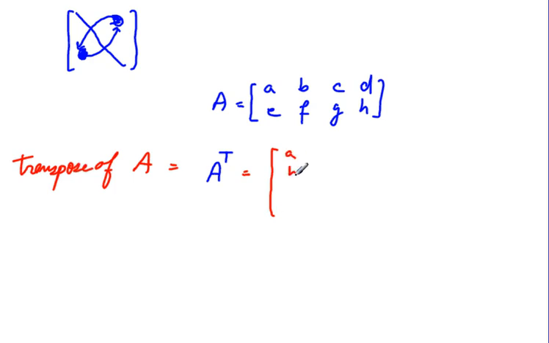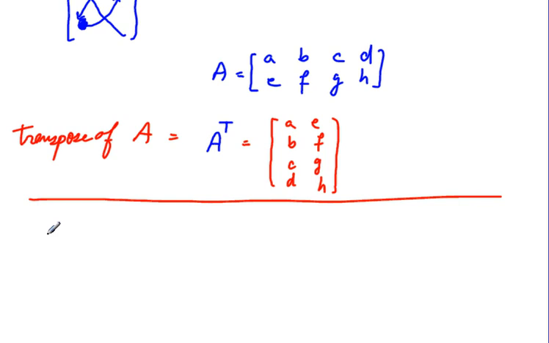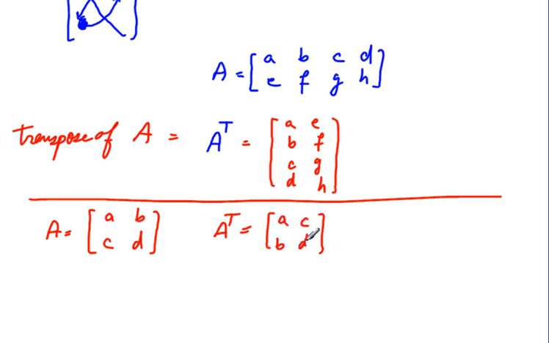So it's A, B, C, D, and then E, F, G, and H. Okay? Now, suppose I have a matrix that to begin with is actually square, A, B, C, D. What's the transpose of it? First of all, that's going to be also square, so the same size. What are the entries of it? A, C, B, D.